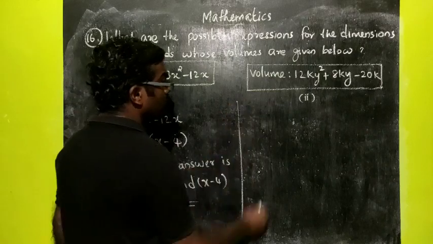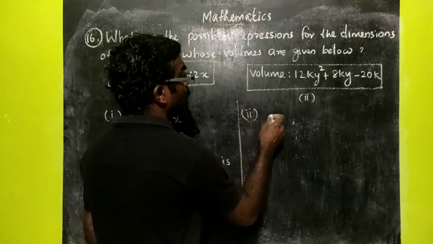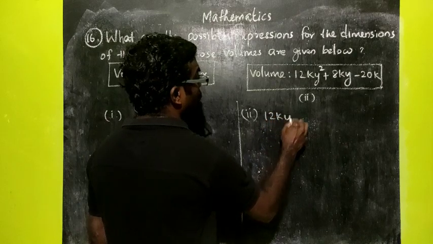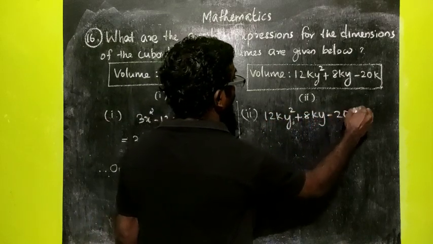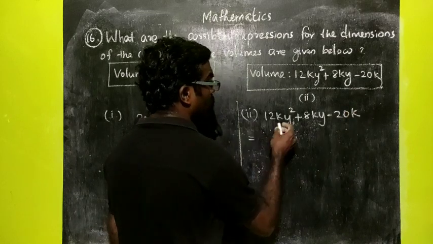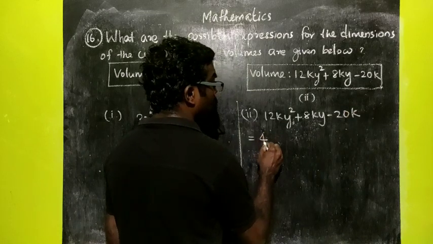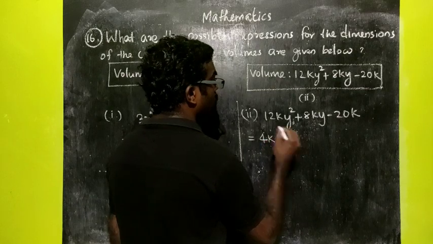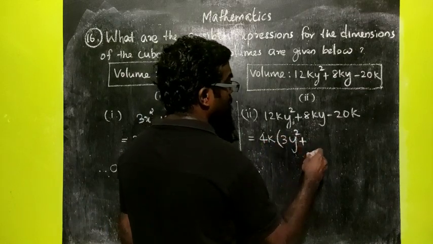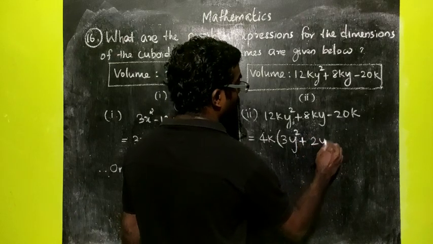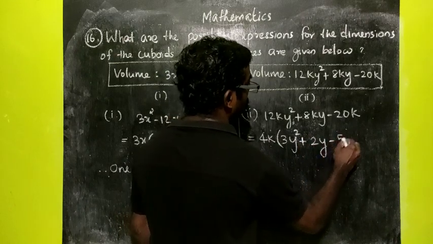Then the second one, volume is 12ky square plus 8ky minus 20k, which is equal to, here we can take 4k common, so 4k into 3y square plus 2y minus 5.